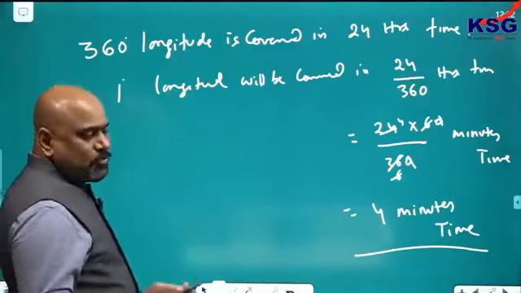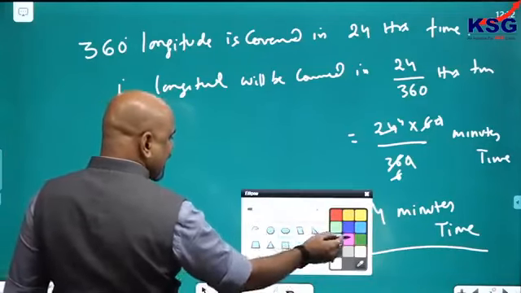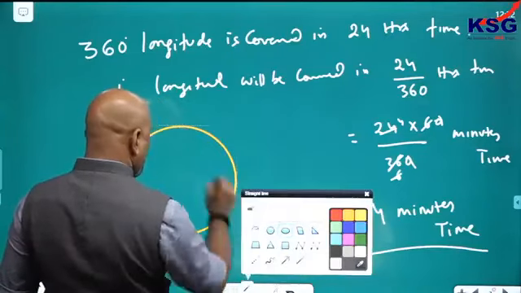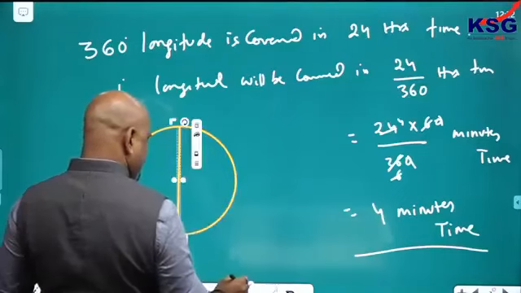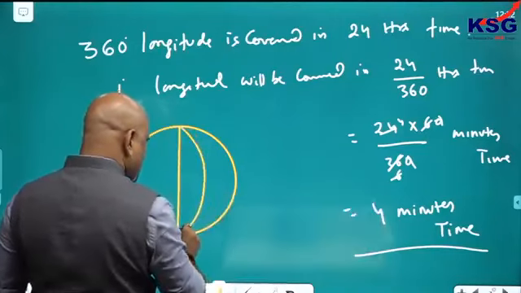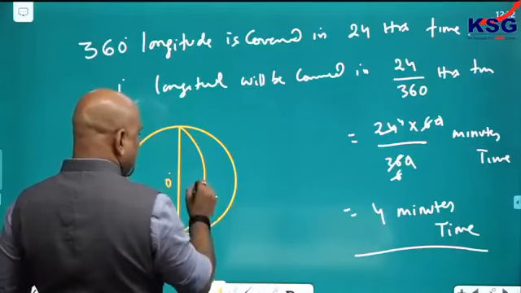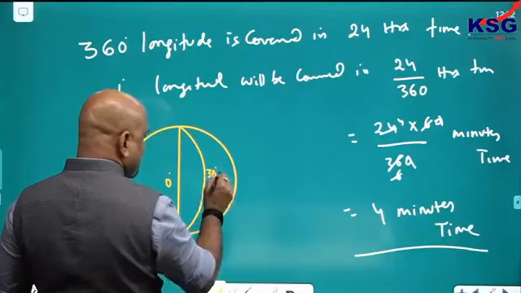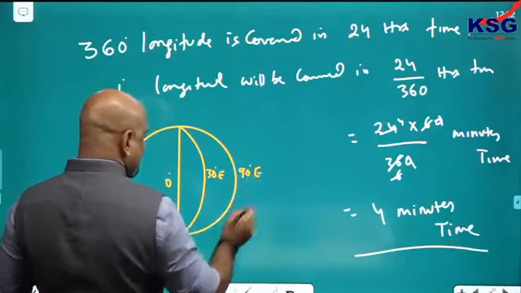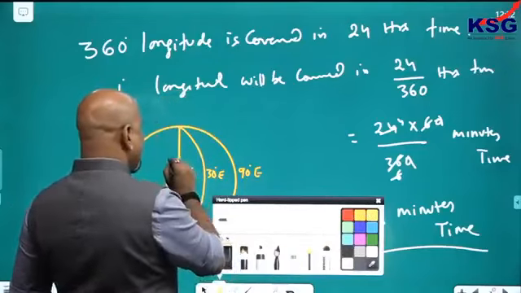So, 1 degree longitude, if somebody is traveling from one longitude to another longitude, say this is 0 degree, this is 30 degree east and this is 90 degree east. At 0 degree, let us say the time is x.